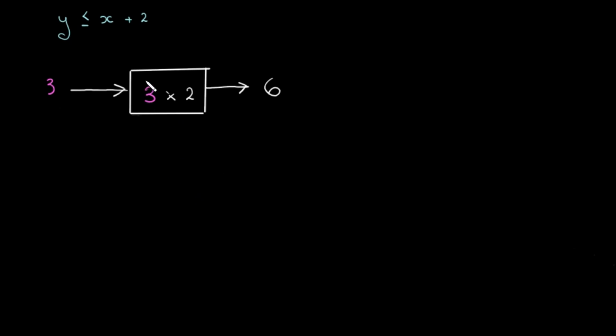Suppose we want to represent that as being able to be anything we want. Well, we put a letter in, X. And then we have our process that we apply to that value.